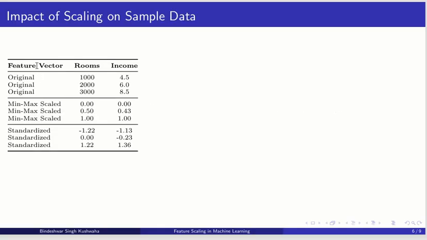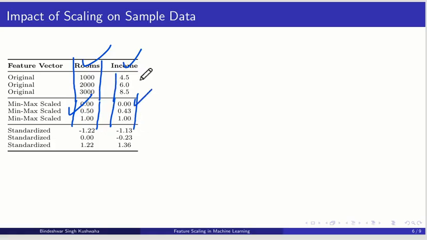Now let us see, if we take a data set. The original feature vector rooms, you can see it is from 1000 to 3000, and income is the second feature. If you use min-max scaling, it will become this, and for the second feature, that one.